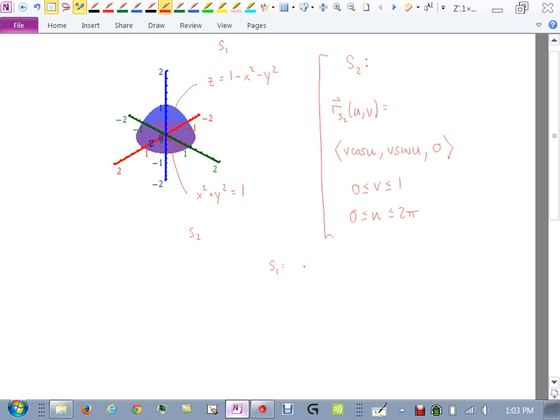So I could set it up like this. R S1 of u, v is v cosine u, v sine u, and then 1 minus v squared cosine squared u minus v squared sine squared u.